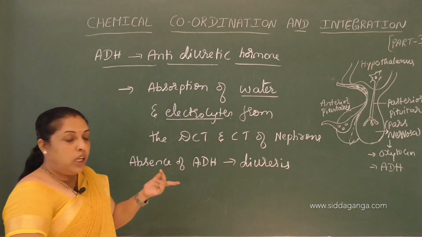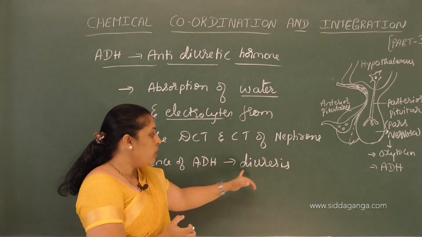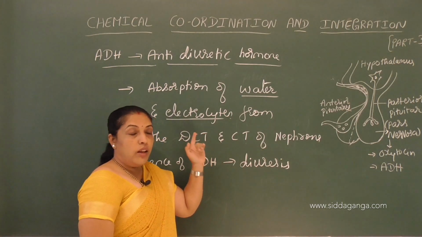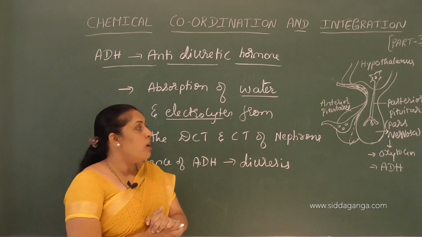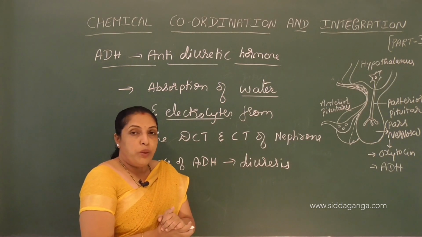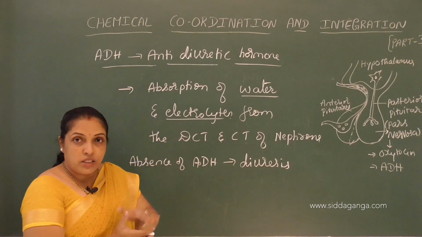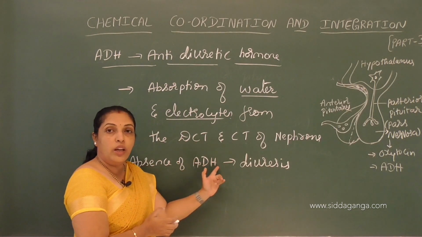That occurs mainly due to the absence of antidiuretic hormone. So, observe, when ADH is present, it absorbs water from the DCT and CT. So, loss of water is going to be prevented. That means it prevents diuresis. That is why it is called antidiuretic hormone.